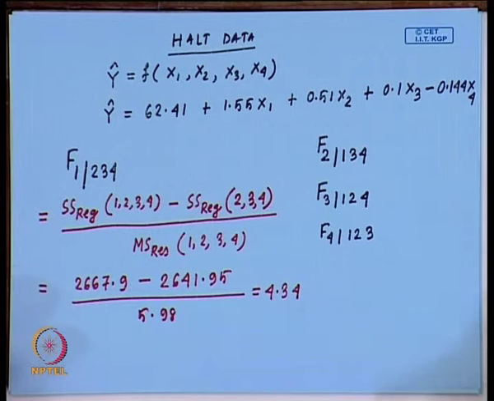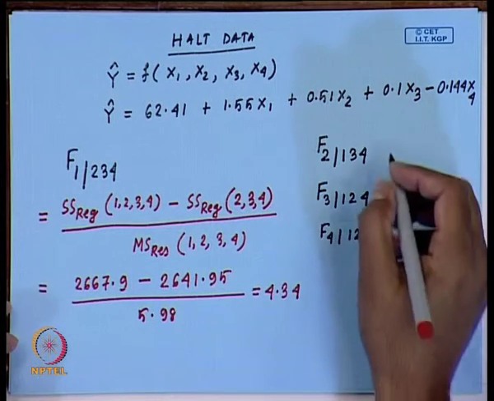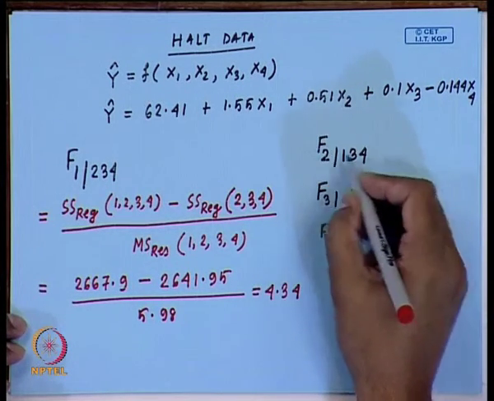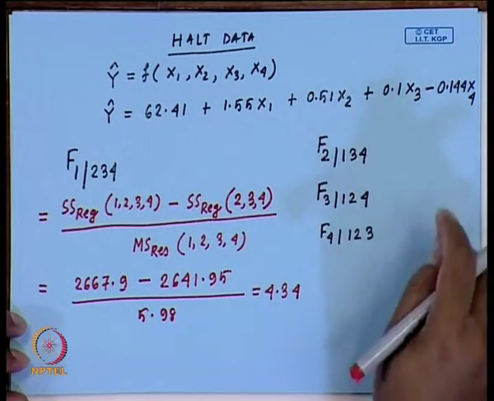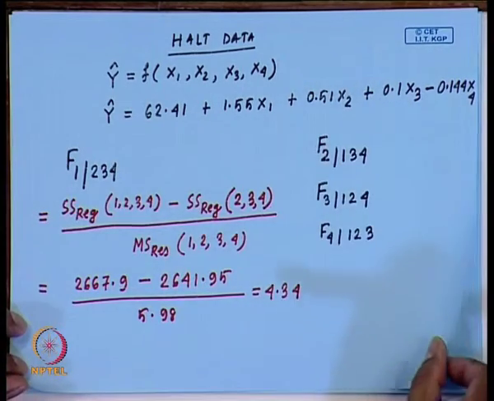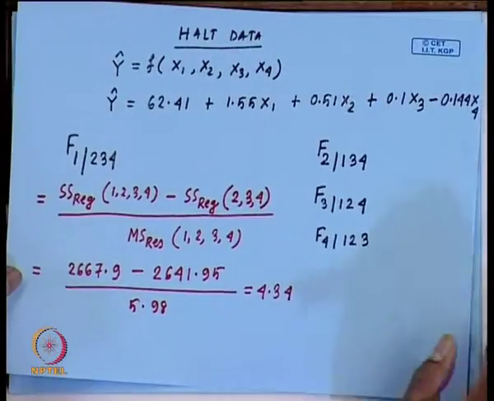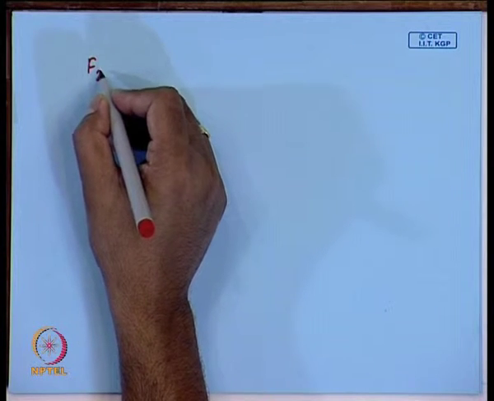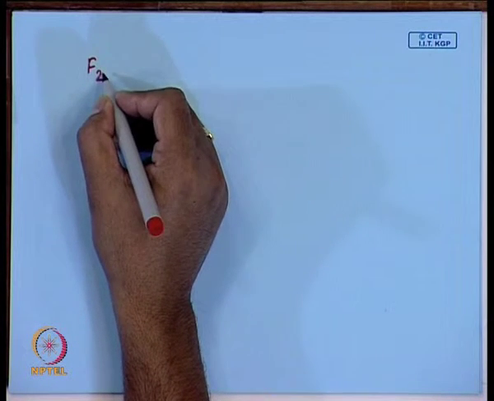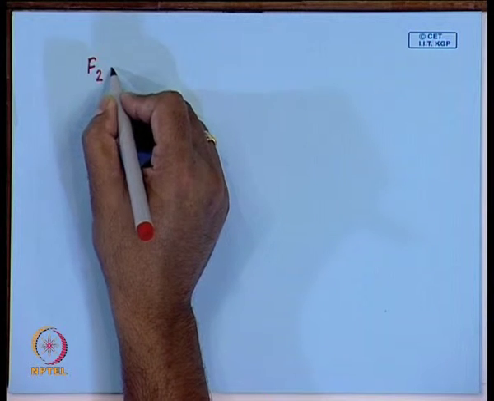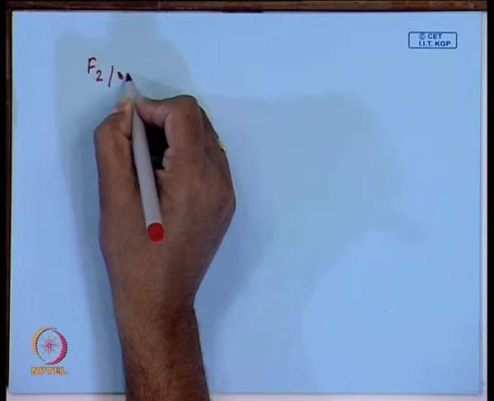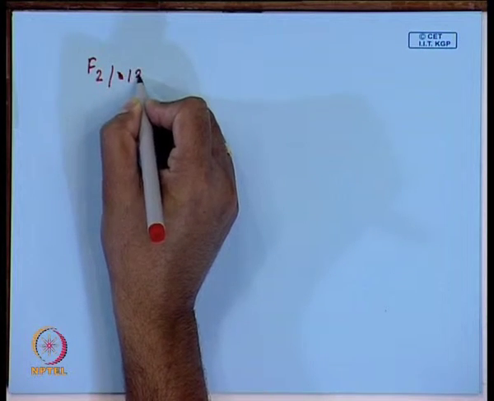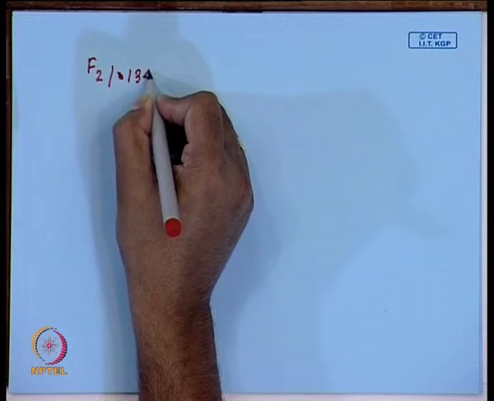Now, we need to compute the other values also. Maybe I will just explain this one also, F2 given 134. So, F2 is the partial F statistic for x2 in the presence of x1, x3 and x4 in the model.